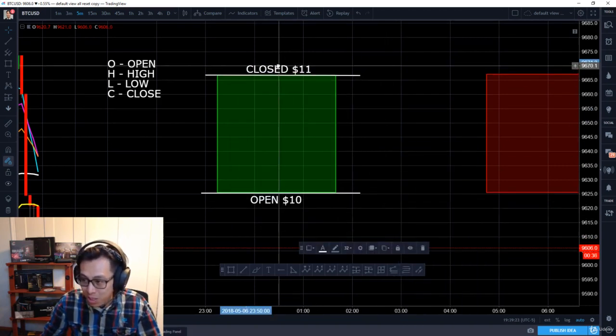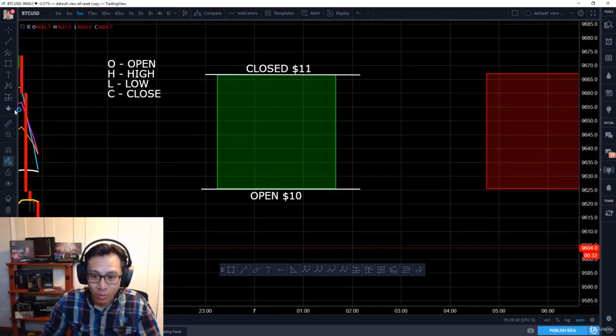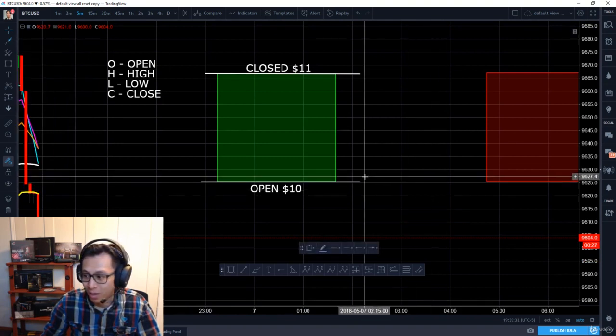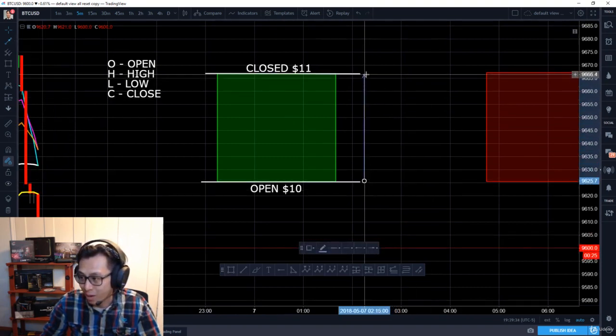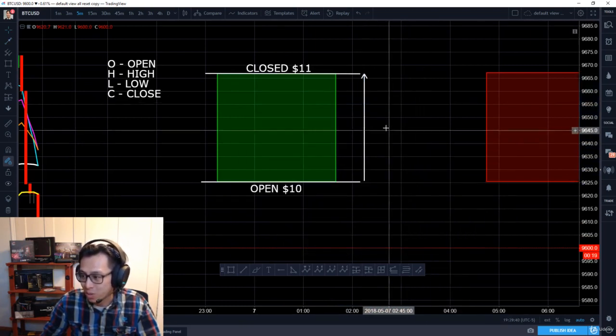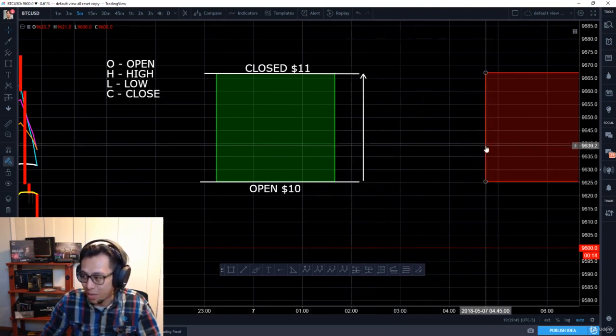So this is the open because we have to think about it from the ground up, right? Going upwards like that, right? Does that make sense? So we think about it from the perspective of going down to up because it is green. So let's take a look at this one right here.